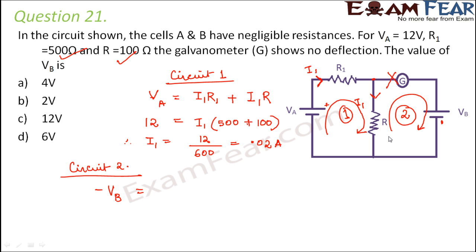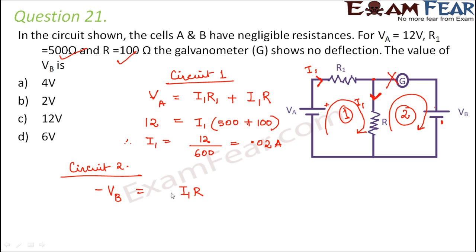Okay, and what are the currents flowing through the resistances? In this case, the resistance is R and the current flowing through R is I1, because there is no current flowing through this R, right? So therefore, in this case, it is I1 into R. What would be the sign? You see the assumed direction is like this, but the current is flowing in this direction. So the current is flowing in the opposite direction of the assumed direction.